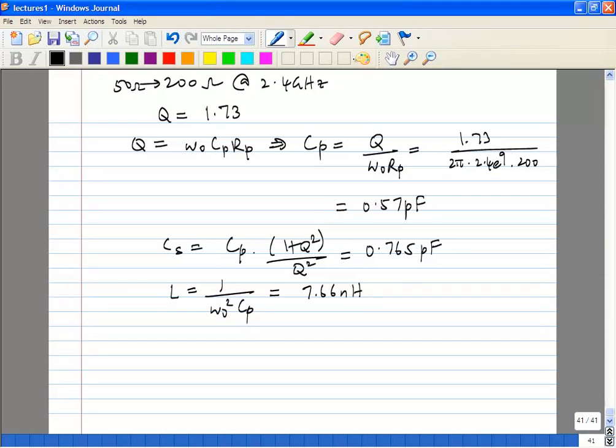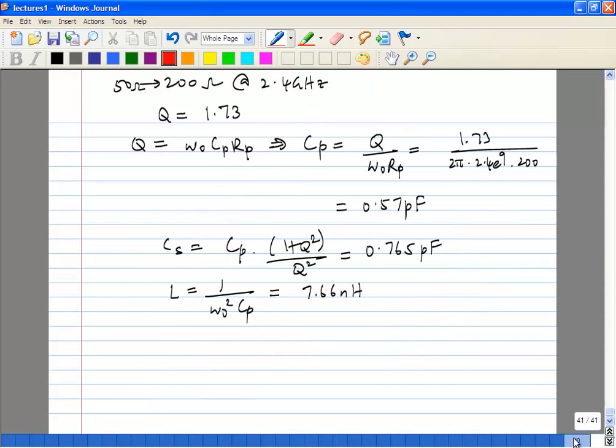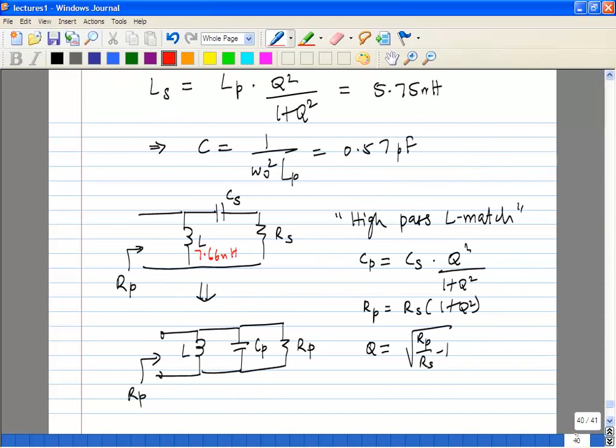So now we have found out L, we have found out CS, and this happens to be, I think, 0.765, right? Okay, 0.765. So these are the other two values.